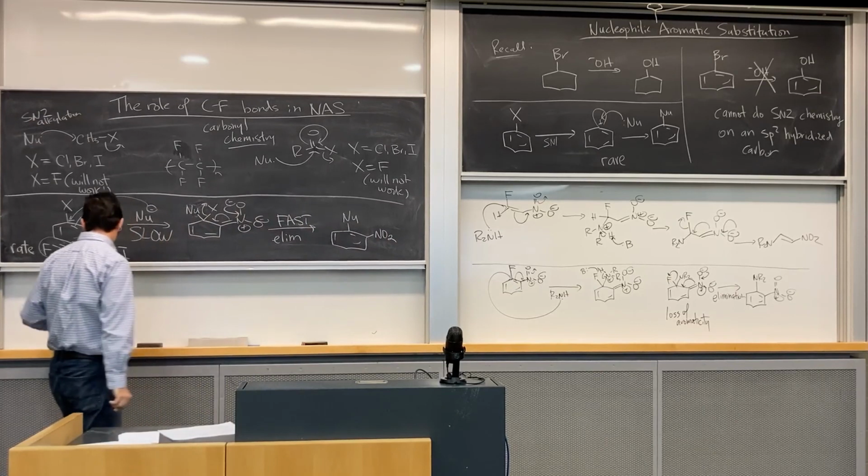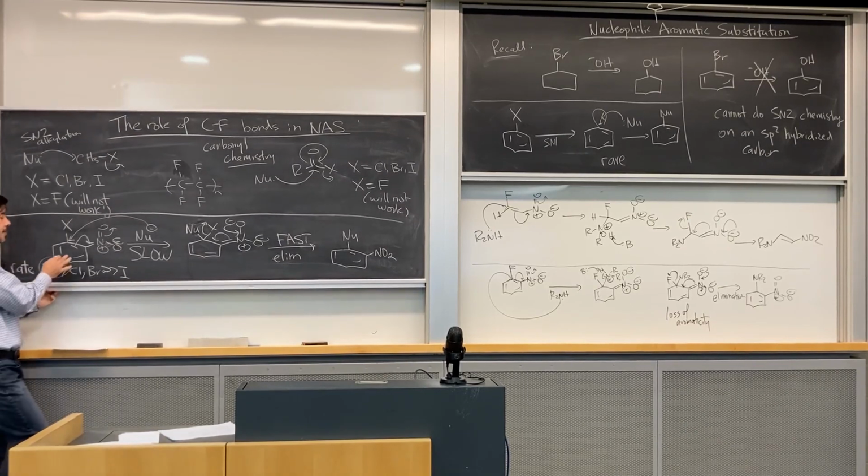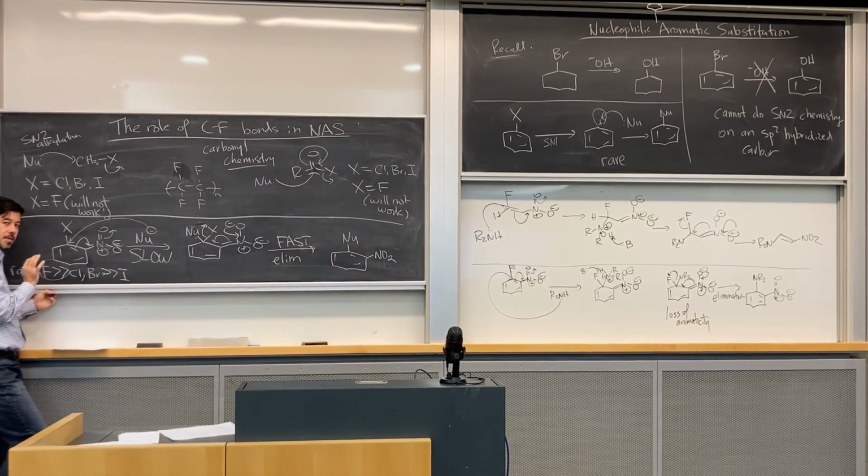All right, so why does this work with fluorine so much better compared to the other ones? Fluorine is special, as I mentioned, because it's very electronegative, you have something called an inductive effect. It's not that the fluorine is holding a big negative charge, but it is strongly pulling electron density away from this carbon-fluorine bond.